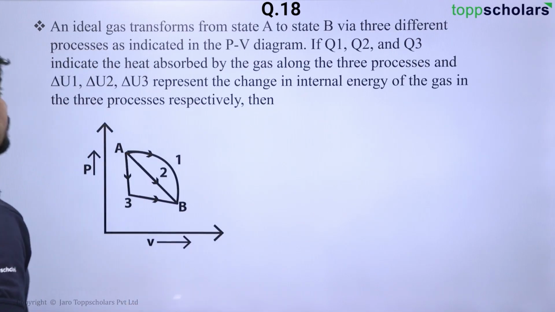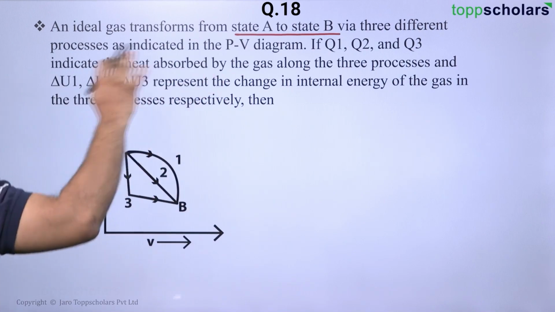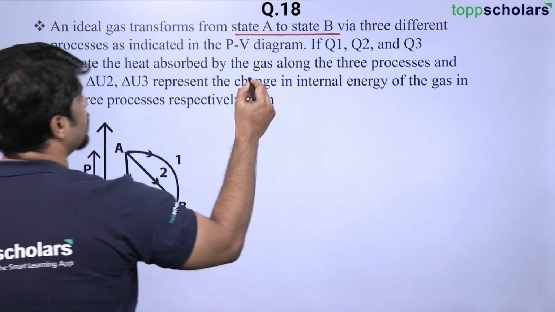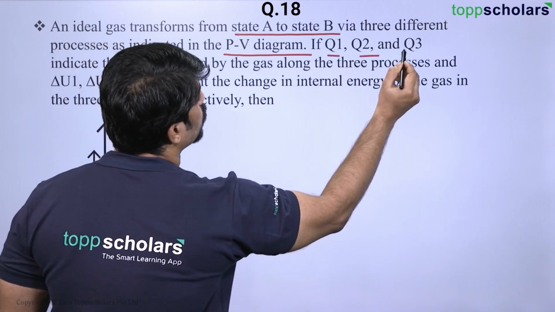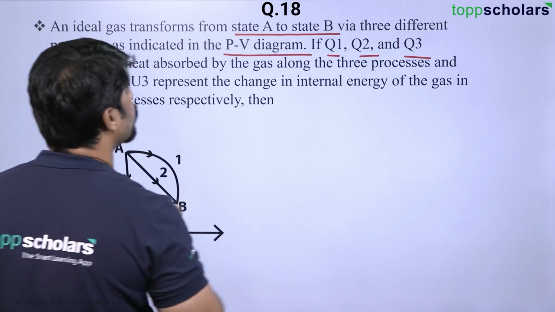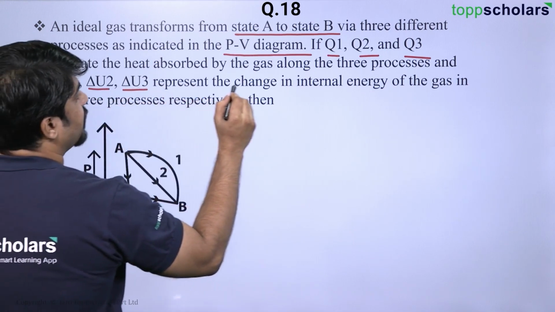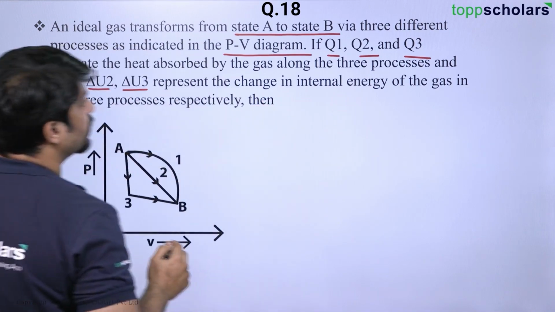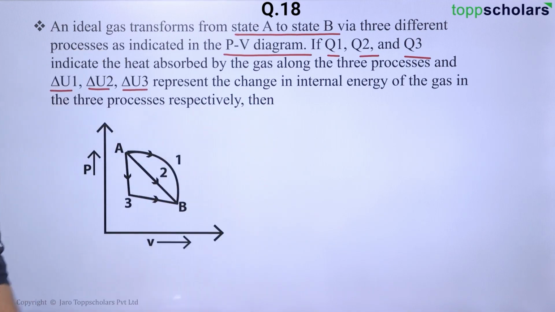So here is another question. An ideal gas transforms from state A to state B via 3 different processes as indicated in the given PV diagram. If Q1, Q2 and Q3 indicate the heat absorbed by the gas along the 3 processes, and delta U1, delta U2, delta U3 represent the change in internal energy of the gas in the 3 processes respectively, then which of these is correct?